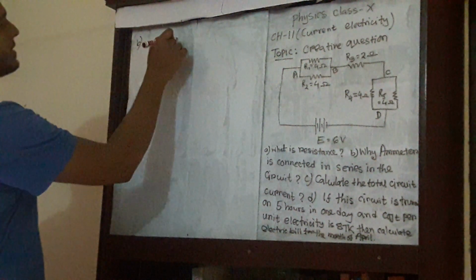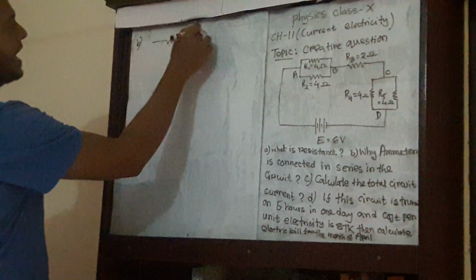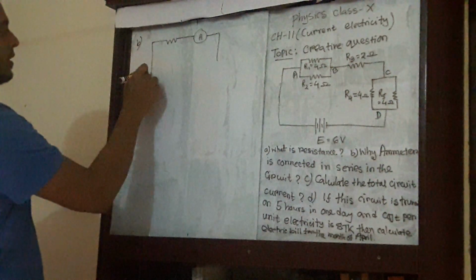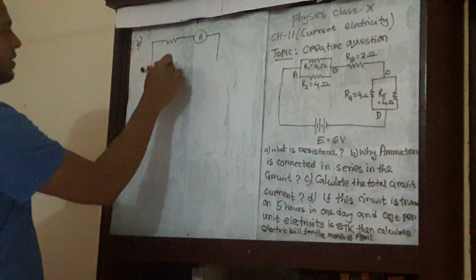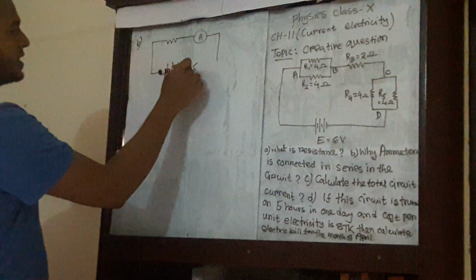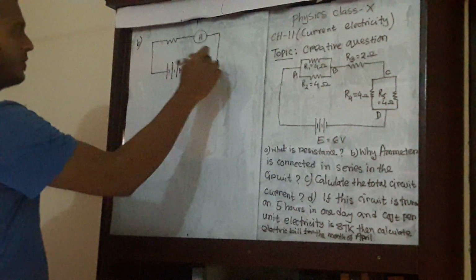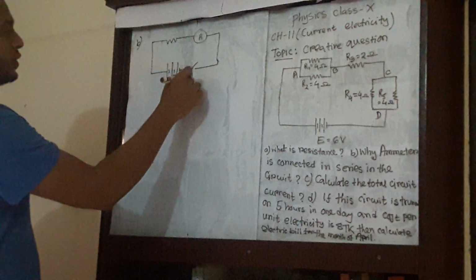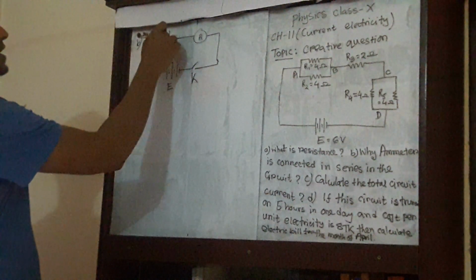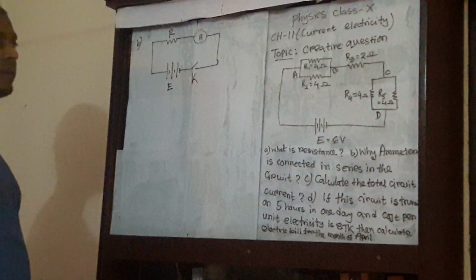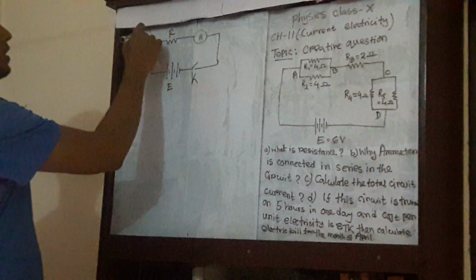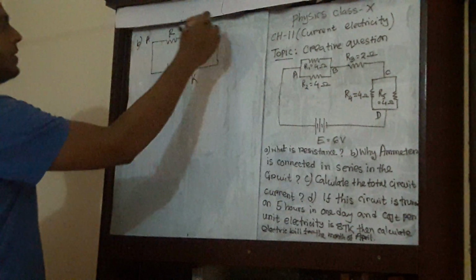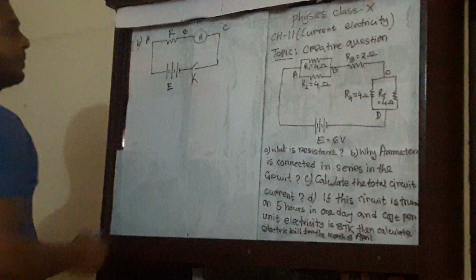This is a resistance and this is an ammeter, and this is a battery, an electric battery or cell, and this is a switch or key. Now this electromotive force E, this switch or key K, this resistance R, and this ammeter. This point is A, this point is B, and this point is C.